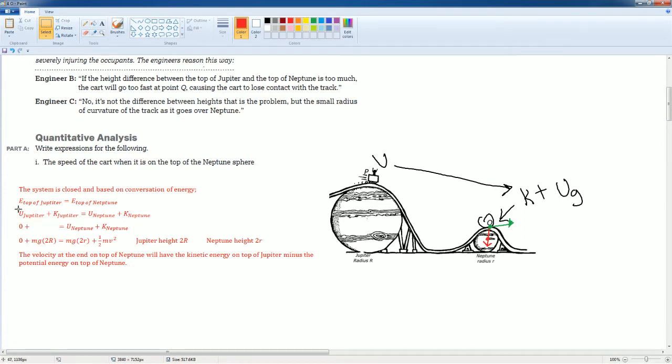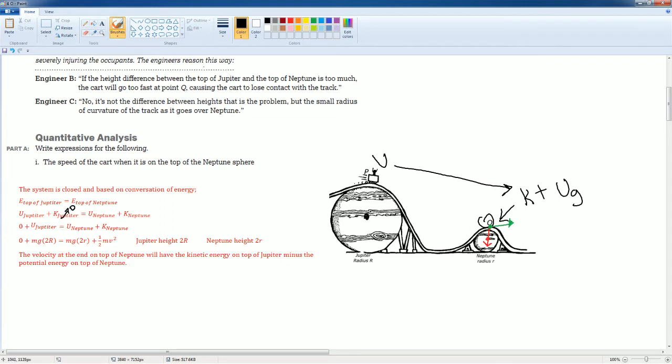It should be potential. The kinetic goes to 0 because it starts from rest. So this goes to 0, and it leaves you this.